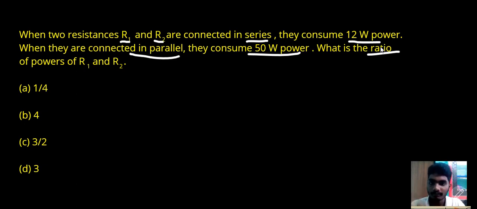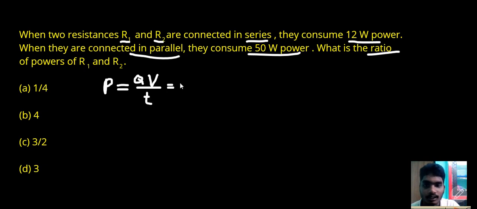Here we know the relation between power and resistance: P is equal to work done by time. Here, work done is equal to charge Q times the V, work done by T. Q by T can be written as current I, so P = IV.